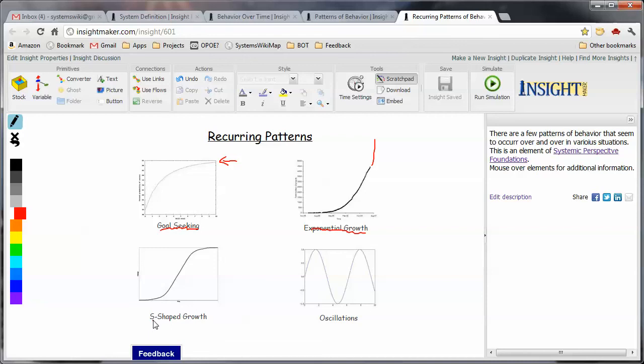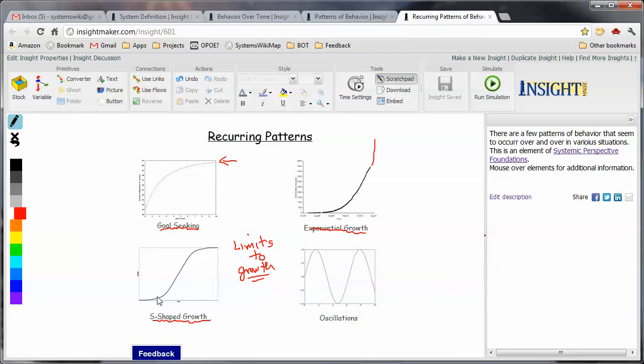Then there's an S-shaped growth curve, which begins in something that looks like an exponential growth curve, but then it begins to not change as readily, and then it levels off and begins to look more like a goal-seeking curve. This is usually the response of some limits to growth structure, and we'll talk about that particularly in specific when we get to archetypes.